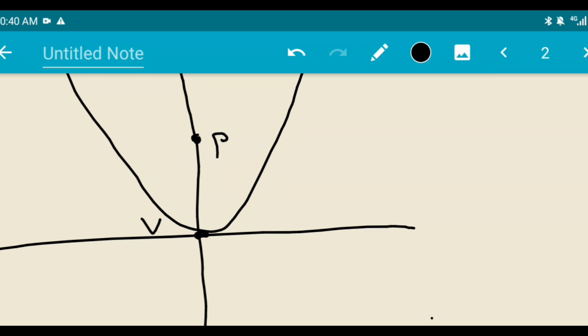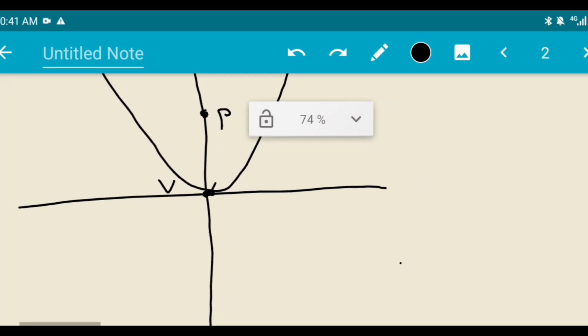And then one thing you need to understand about this parabola is that there's a specific distance that we're interested in. Of course, we've talked about the foci, which is the distance from the vertex to where this is. Okay, that is the first distance. Then the other distance we're interested in is the opposite of the foci.